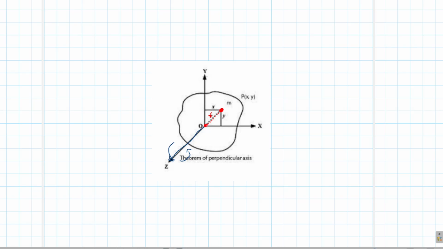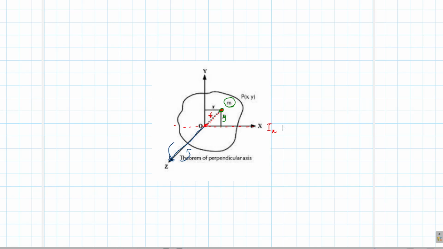Now let us consider two different axes. One is y and x. X and y both lie on the plane of this body. Now if I rotate this body about x axis, the moment of inertia will be Ix. What will be the moment of inertia of this one particle if I rotate it about x axis? It will be rotating like this about x axis. For that, we need to know the mass of the particle, which is simply m, and the distance from the particle to this axis, let it be y.